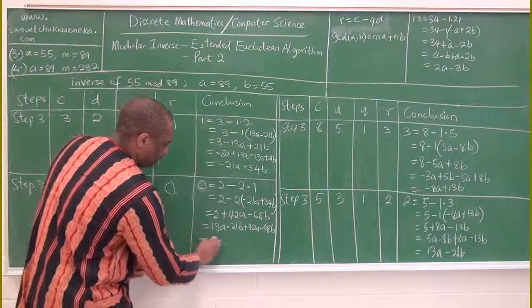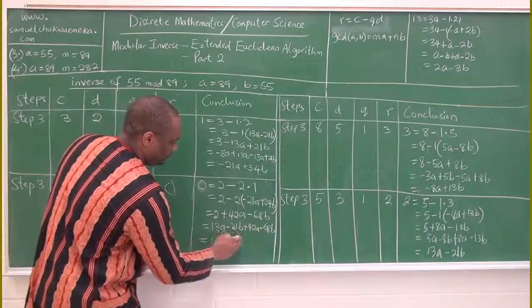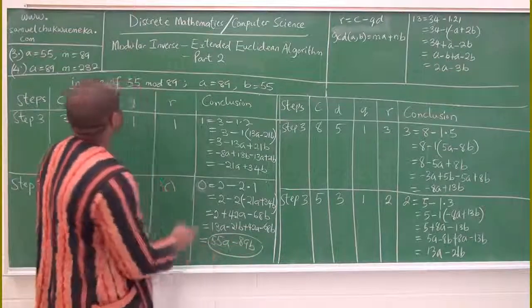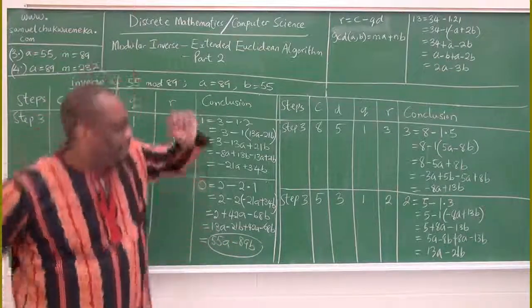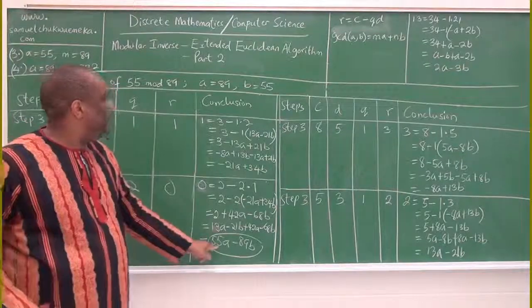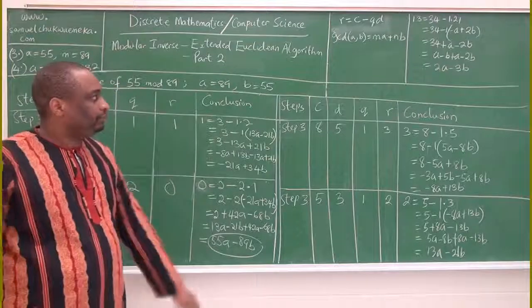That gives us 55A, then minus 89B. Hey! You see, this one is plus 55 times 89 minus 89 times 55 gives us 0.